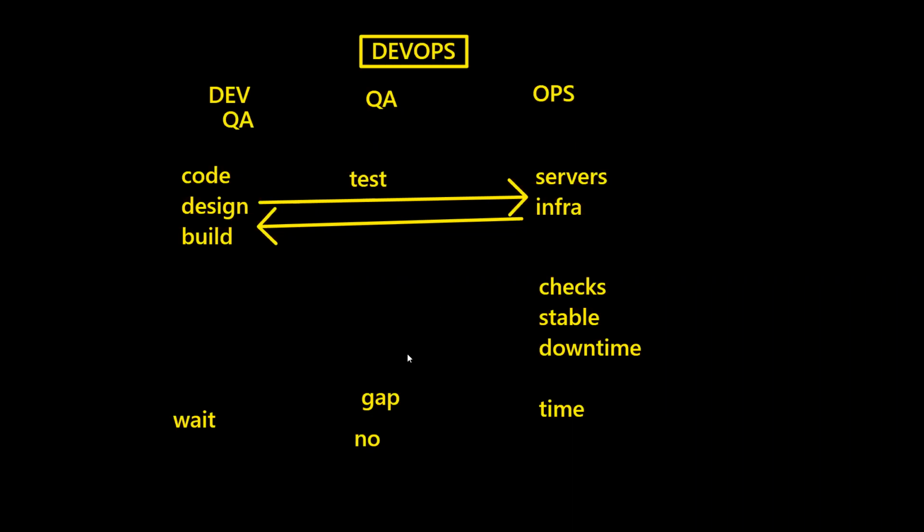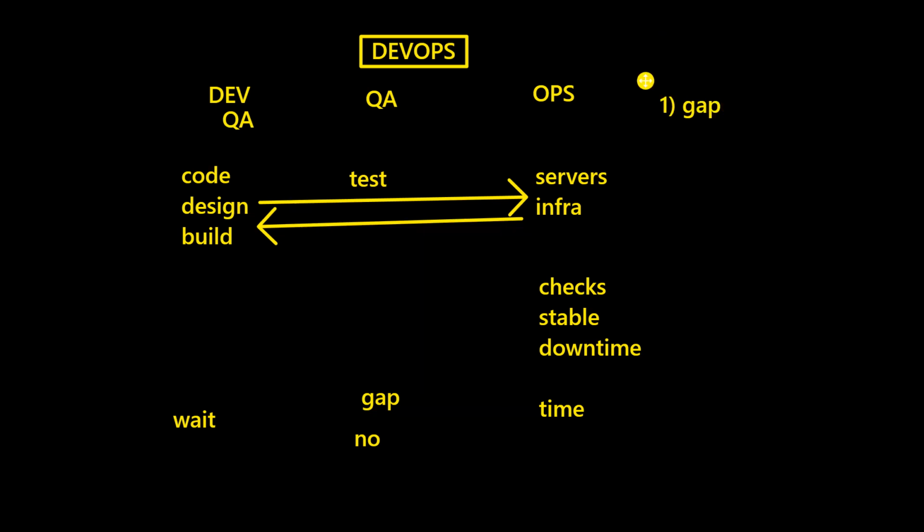Then what will happen is when a developer or QA works on some project, a few people from the ops team also join and see how they are doing, what they are doing, what could be their requirement, and so on. In that way they can fill the gap.